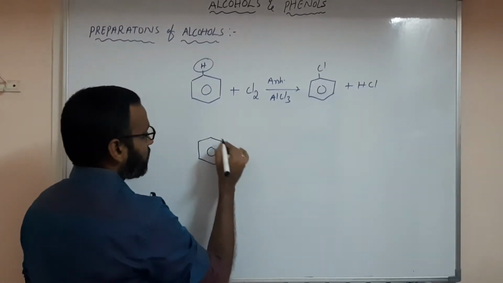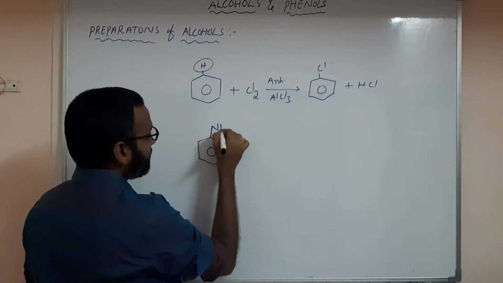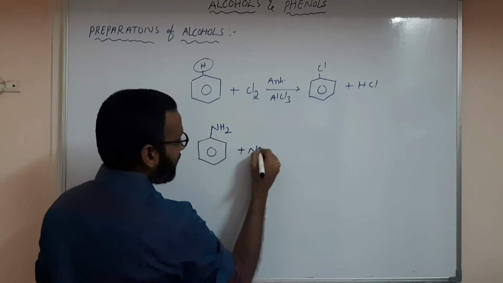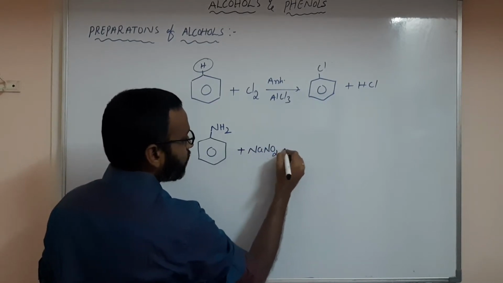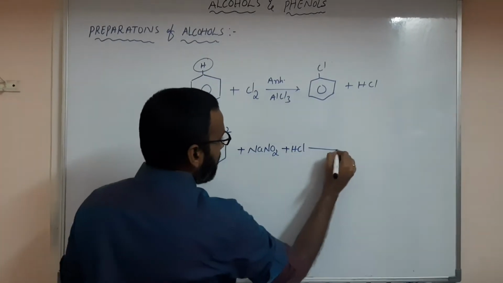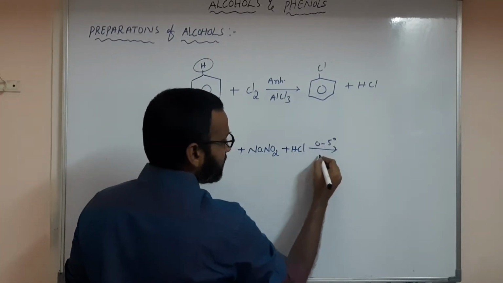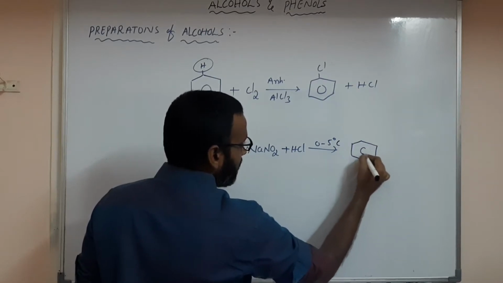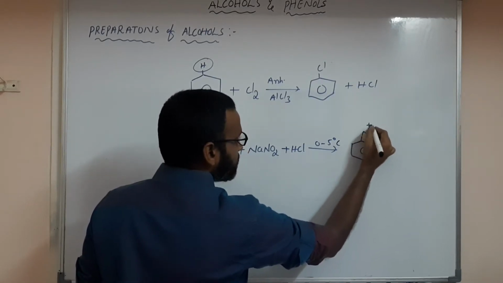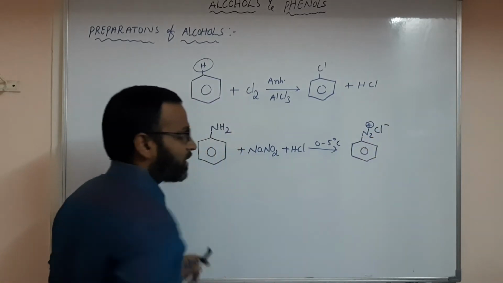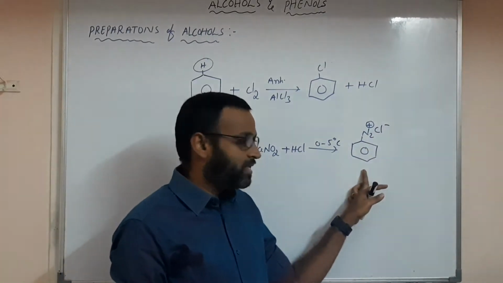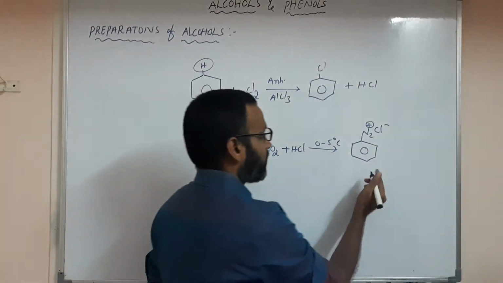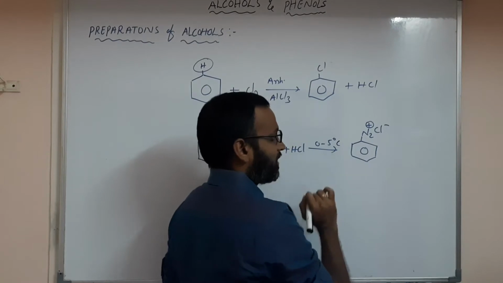From aniline, C6H5NH2, when you treat it with NaNO2 plus HCl at 0 to 5 degrees Celsius, what you will get is C6H5N2+ Cl-, benzene diazonium chloride.